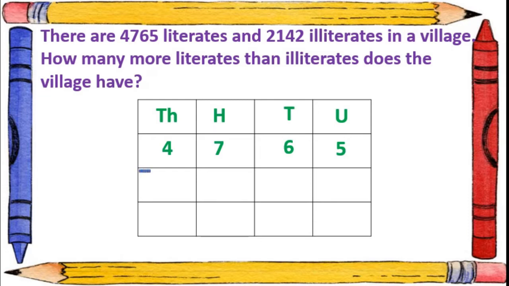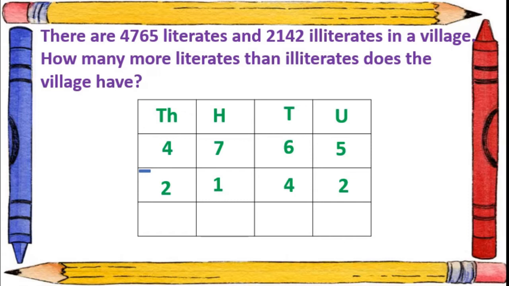Okay. We will minus 2,142. Now 2 in the units place, 4 in tens place, 1 in hundreds place and 2 in thousands place. Isn't it? Now we have written the sum in the table. Now we will do subtraction.